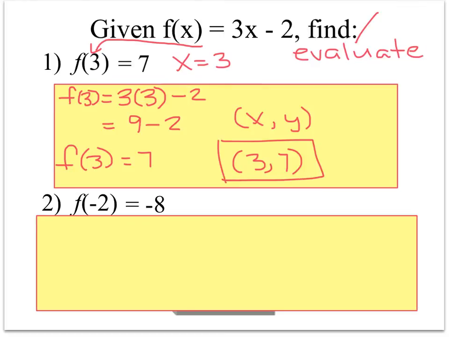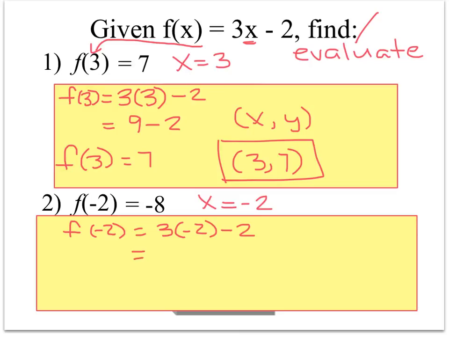Now if we're looking at another example right here, we're evaluating this one when x is equal to negative 2. So now we're going to replace the x with a negative 2. So we're going to have f of negative 2 is equal to 3 times negative 2 minus 2.